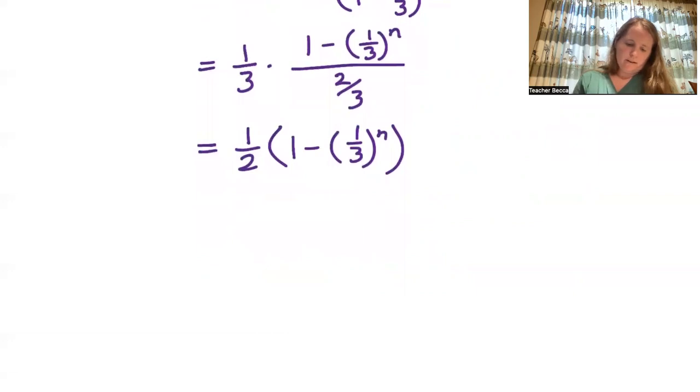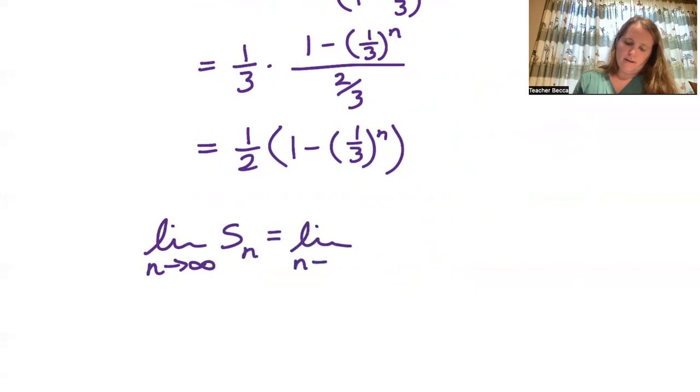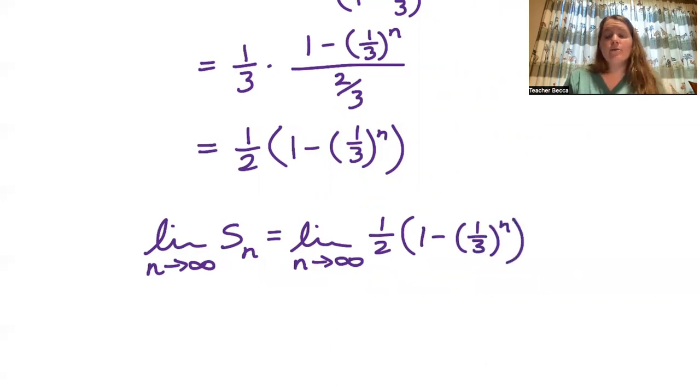At this point, if we take the limit as n goes to infinity of S sub n, this is the same thing as taking the limit as n goes to infinity of 1/2 times 1 minus 1/3 raised to the n. As n goes to infinity, that 1/3 raised to the n goes to 0.